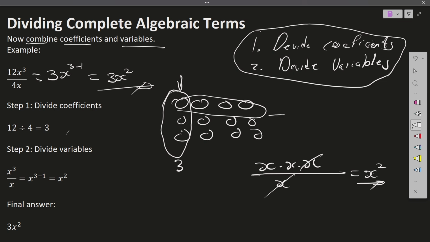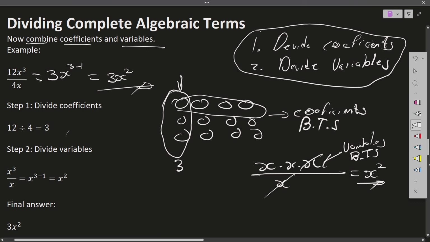So this was just the division of the coefficients. You can do it like this. This is the coefficients behind the scenes, and then this is the variables behind the scenes. This is just for your proper understanding. Yeah, BTS, don't be thinking about Koreans now.